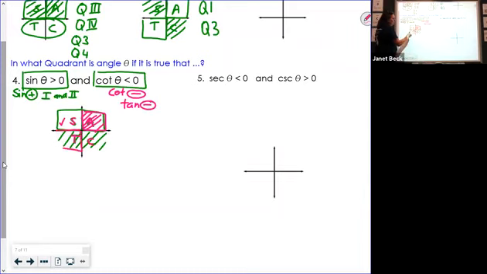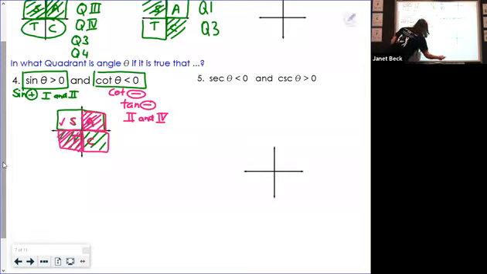In quadrant 3, tangents would be positive. I wouldn't want that one. Tangent would be negative in quadrant 4, but I don't want this one because it wasn't true for the sine. Cotangent and tangent are both negative in quadrants 2 and 4, but where do these 2 overlap? Quadrant 2, that's my answer.